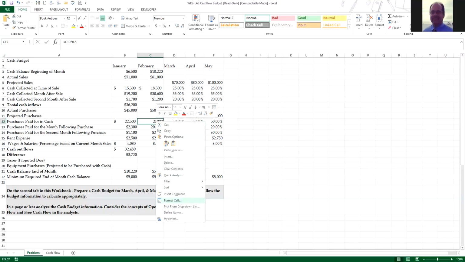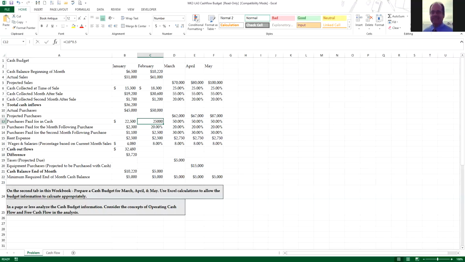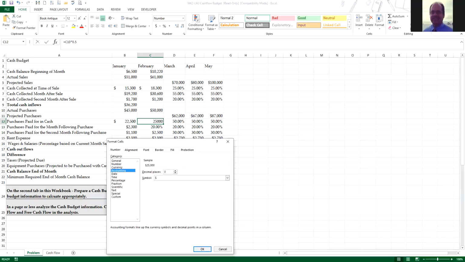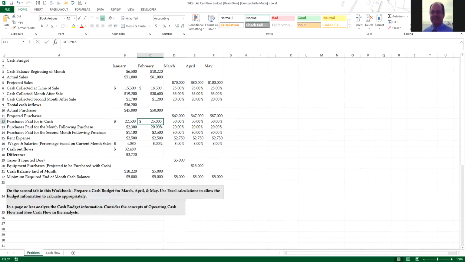Let me change that to an accounting format to stay consistent. Okay, then the purchases paid for the month following purchases, that's 20%. So you're going to pay 20% of purchases after the month that they were made. So after January, you're going to pay 20% on that 45,000. So 45,000 times 20%.